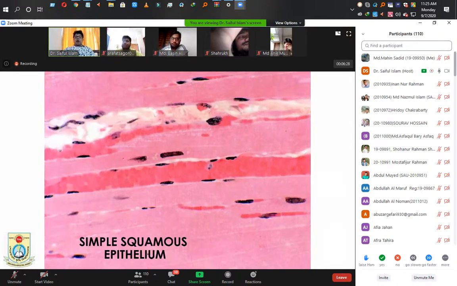Now you can ask me where you will find simple squamous epithelium, I mean in what organ. Basically, our Creator has created everything and it has some sort of function. So just think about the blood vessel.